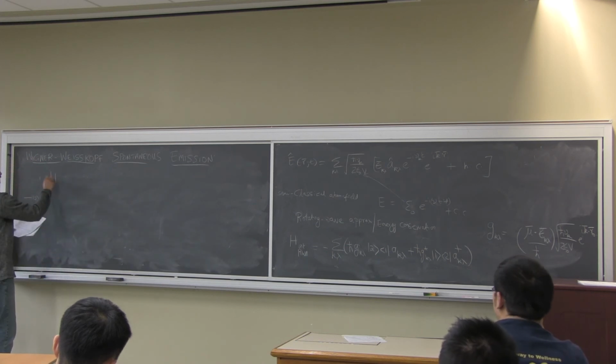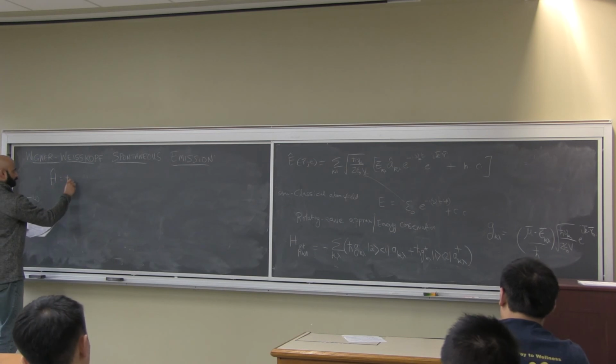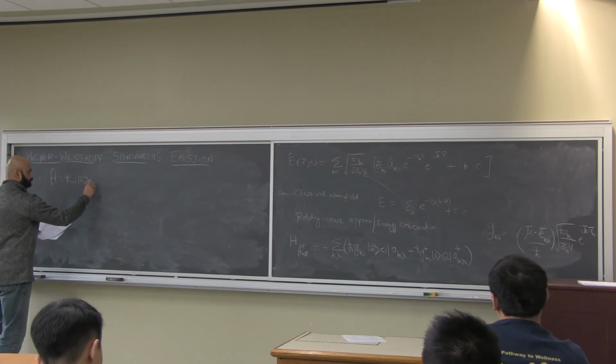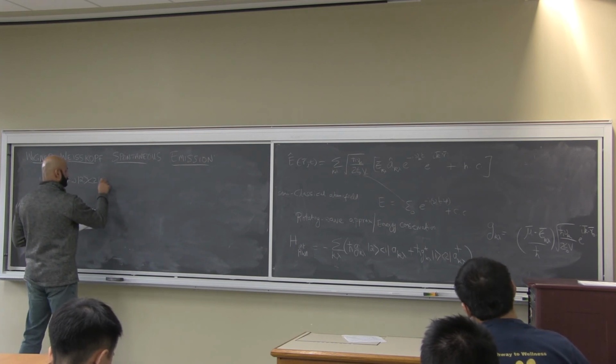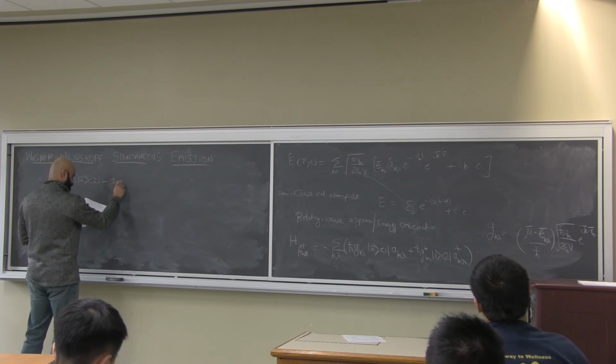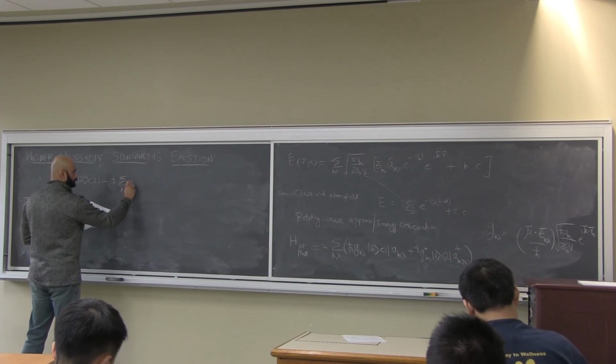So H is H bar omega Q2 plus or minus, sorry, H bar summation k lambda G k lambda.